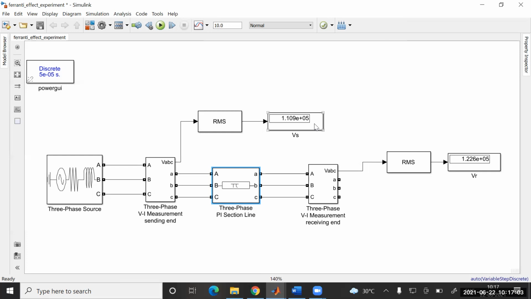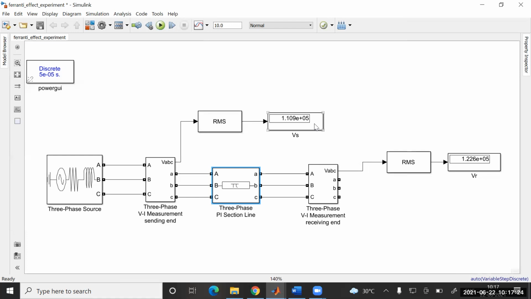Okay, point 117 into e to the power 5. That much voltage is high. Now we'll see another condition, okay, we'll see about another condition.